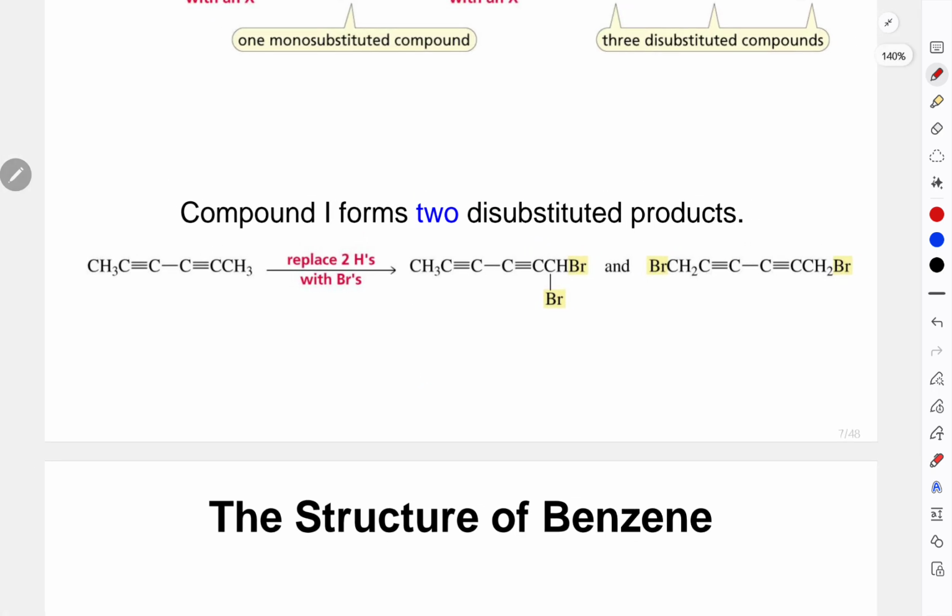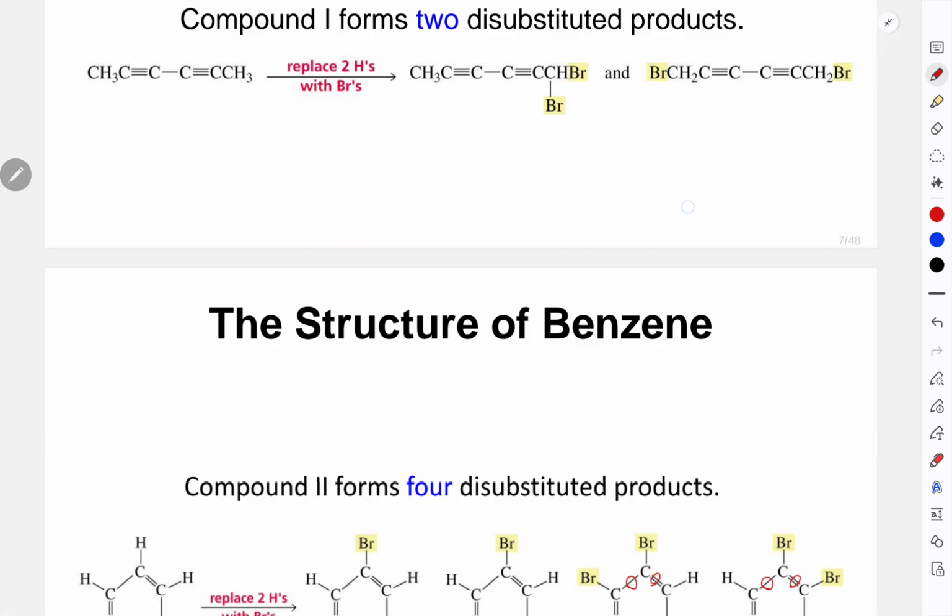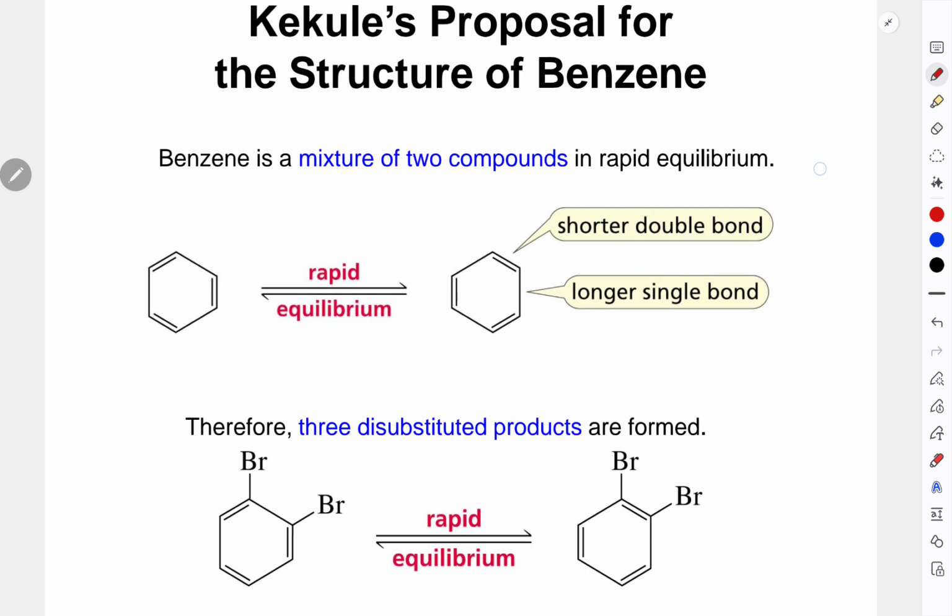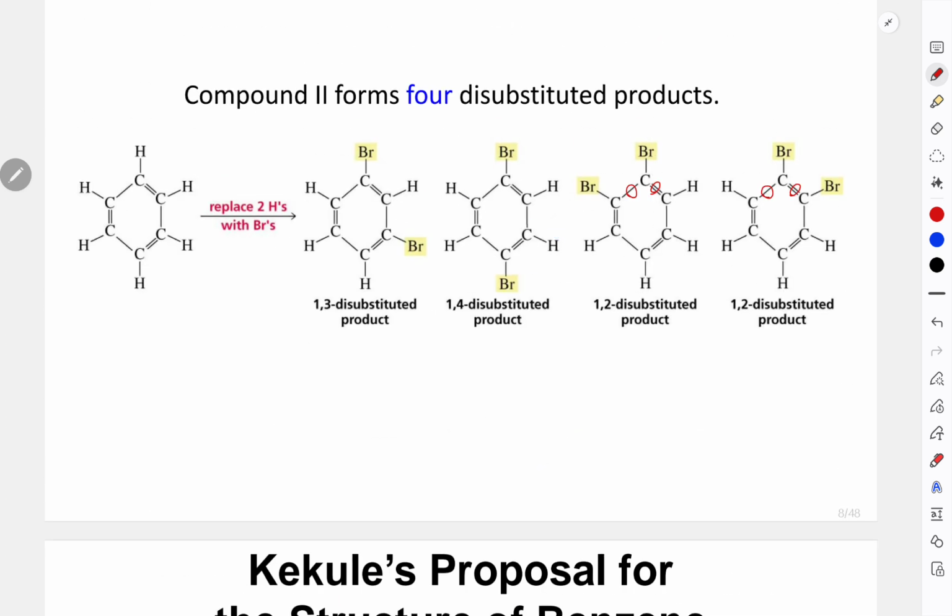And then Kekulé, you probably heard, had a proposal in the early days for the structure of benzene to rationalize this discrepancy. He proposed that benzene is sort of a mixture of two compounds, and there exists a rapid equilibrium between shorter and longer carbon bonds.